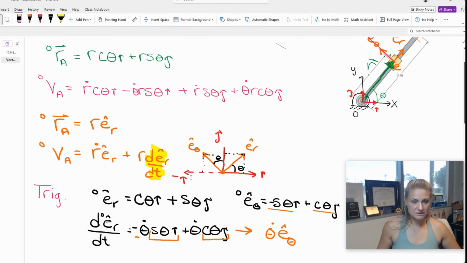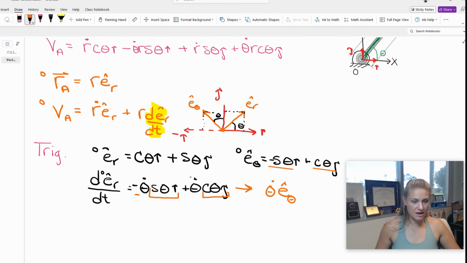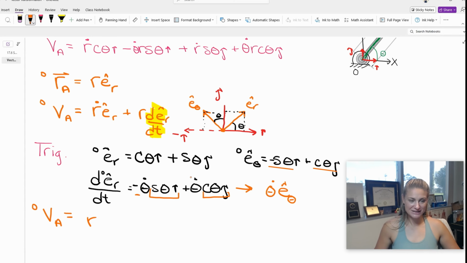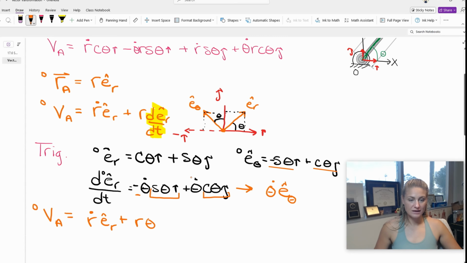So my velocity vector expressed in the inertial frame using polar coordinates is r dot er plus r theta dot e theta. That's the first way.